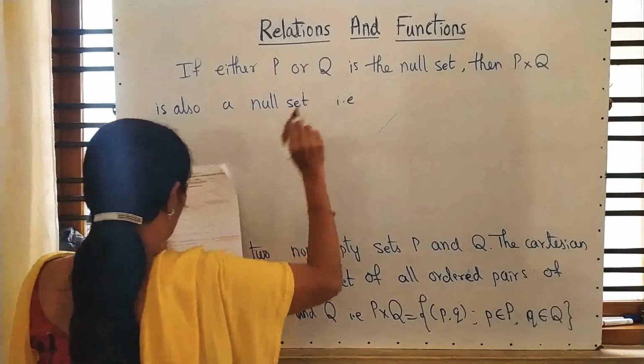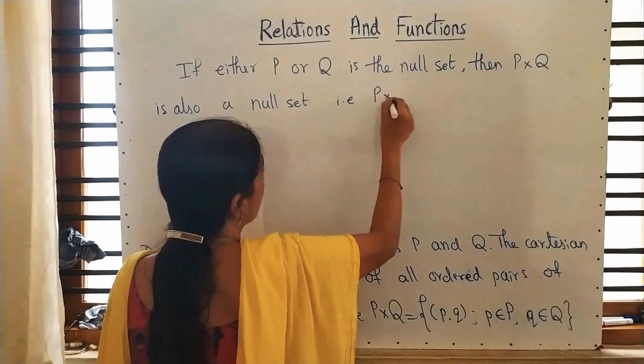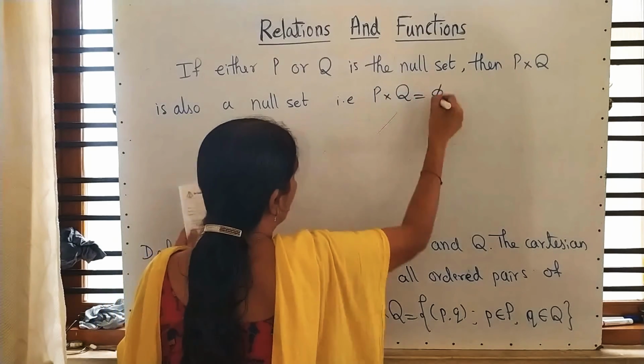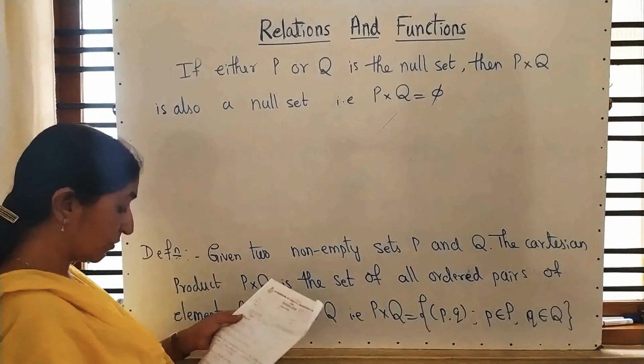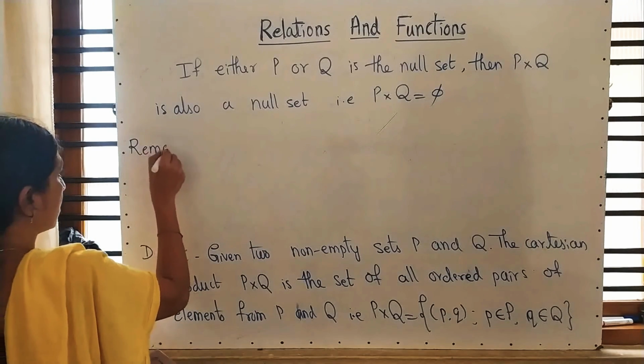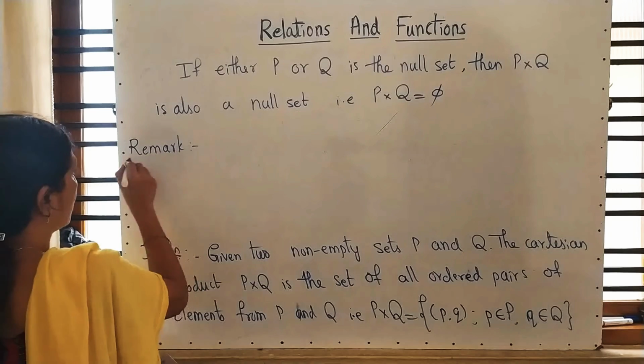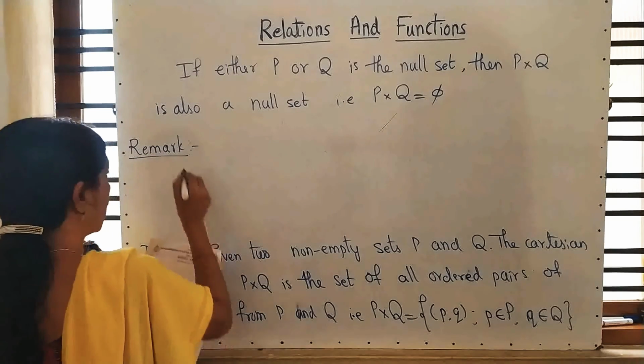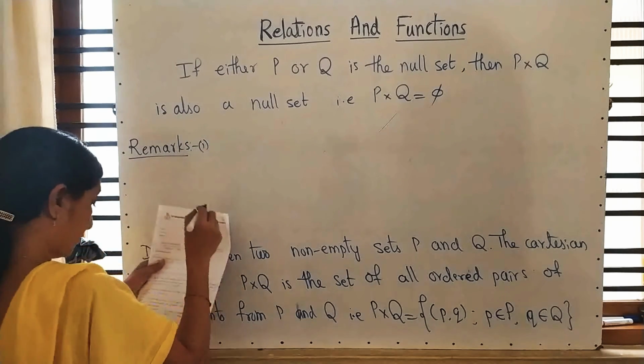Null set means empty set. That means there is no element, so how can you write the Cartesian product? Write down the remark. Please students, mark this. It is a very important remark for your theory as well as competitive exams.